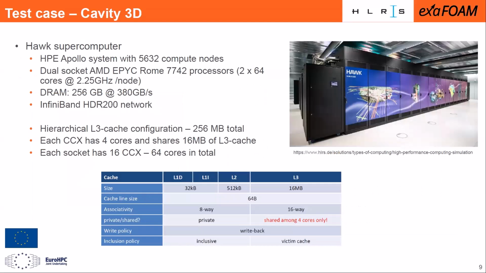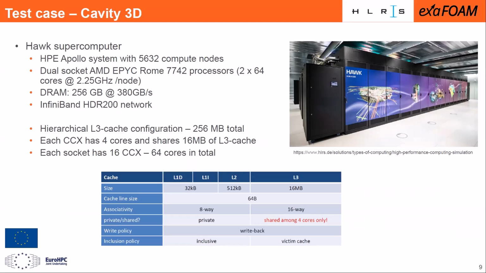These measurements were done on the Hawk supercomputer, where each node has 2 sockets with AMD EPYC processors, that's 2 times 64 cores. And we have DRAM at 308 gigabytes per second of bandwidth. That's good, but it's not the best. But the major feature that we have in this system is the hierarchical L3 cache configuration.